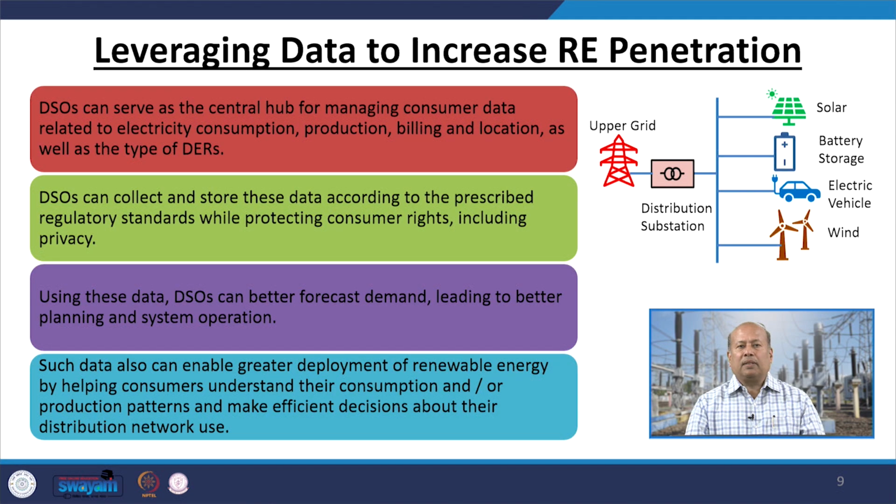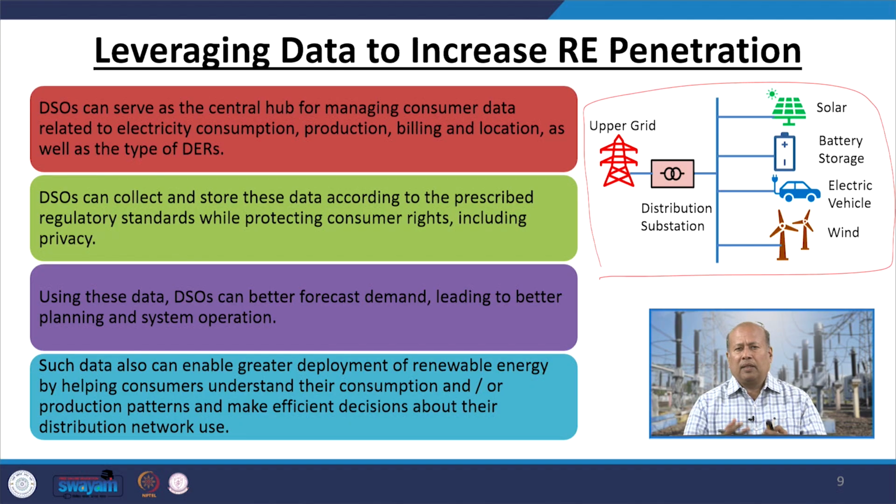Now, leveraging data to increase RE penetration. As you know, in a normal classical grid that you have already seen, how do I enable people to bring in energy through solar and wind, for example, or maybe there is an electric vehicle charging station with 100 charging points?